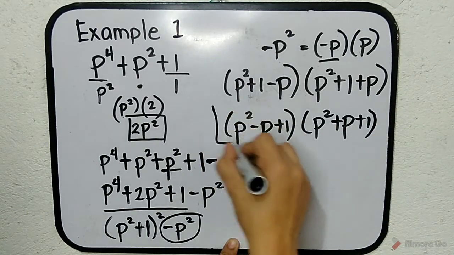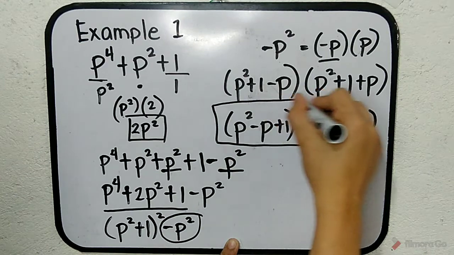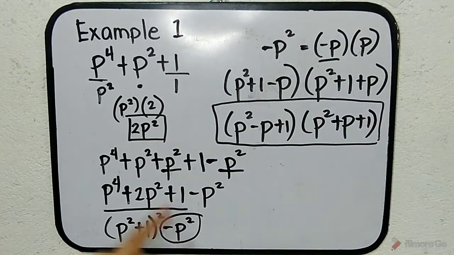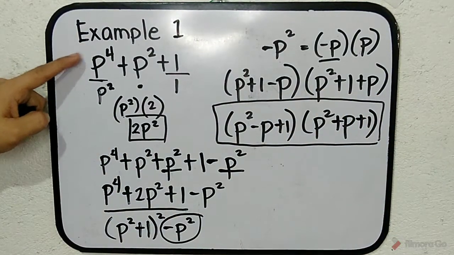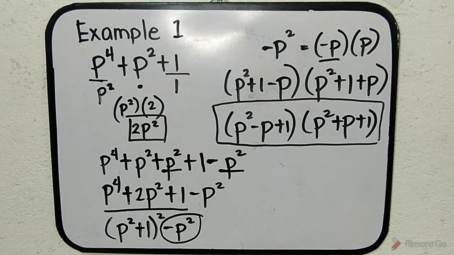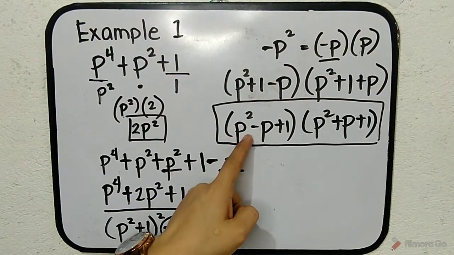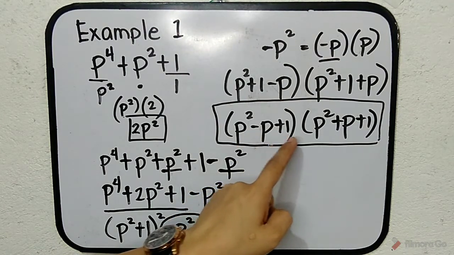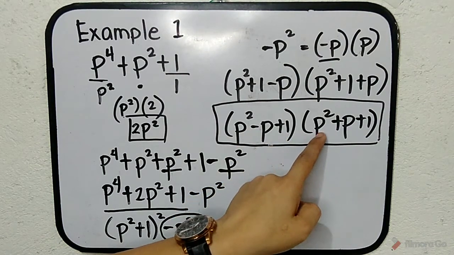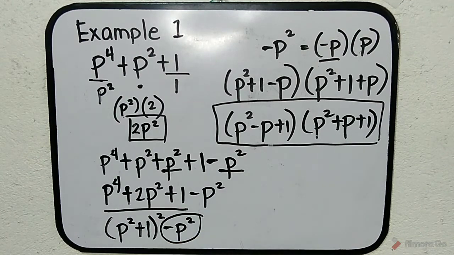And there you go. Meron na tayong factor ng ating given polynomial kung saan gumamit tayo ng completing the square. And that is quantity p squared minus p plus 1 times the quantity p squared plus p plus 1.